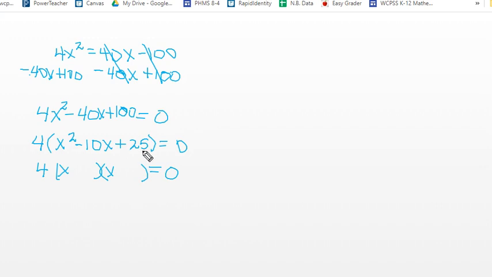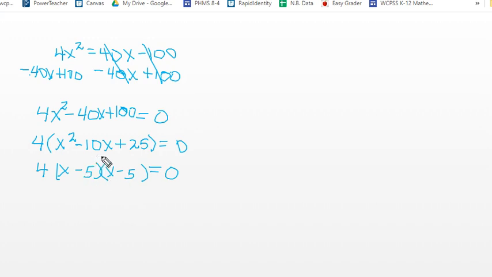If I use positive 5s, when I multiply the positive 5 times the x here, I get 5x. Positive 5 times the x here, I get 5x. That will give me a positive 10x. So I know that it has to be negative 5 and negative 5. So that when I multiply these two, I get negative 5x. When I multiply these two, I get negative 5x.